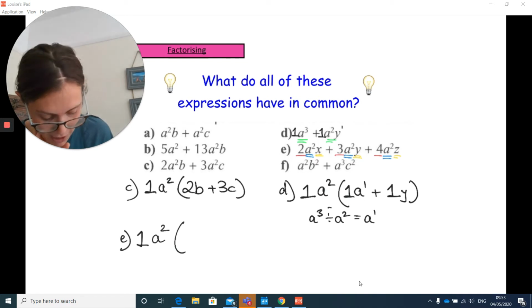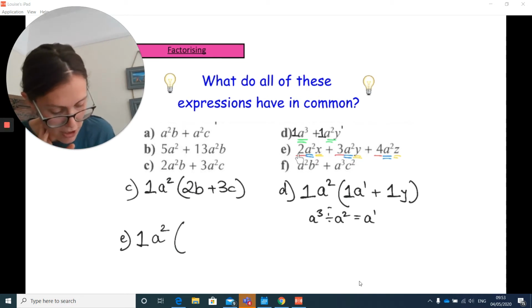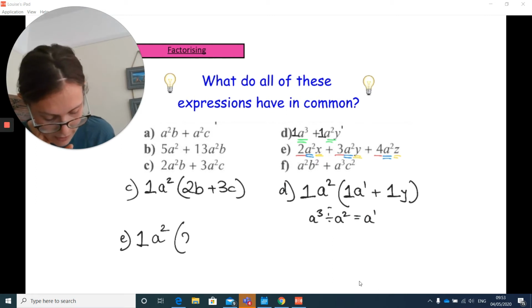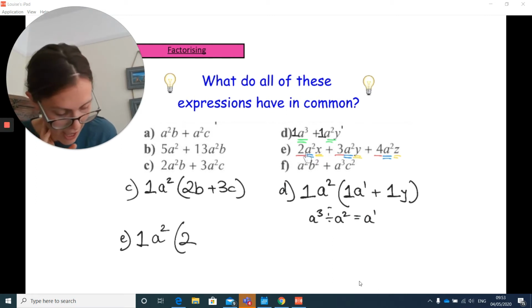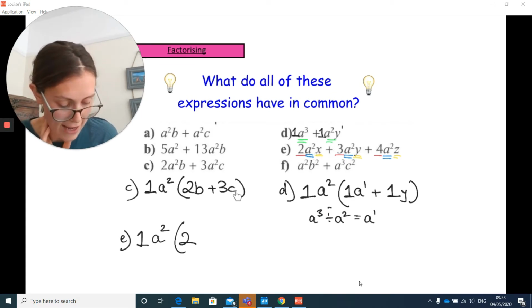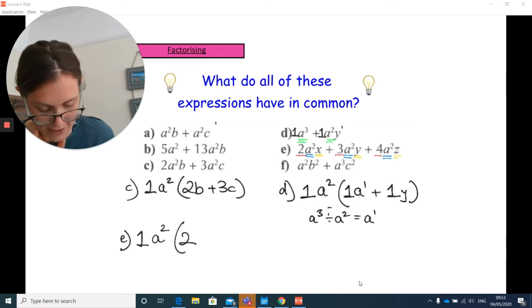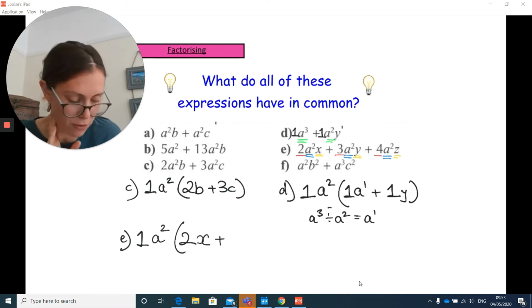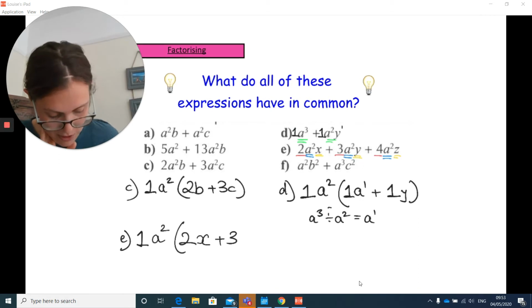And then when you go inside the bracket, it's time to start that division. So the first thing you do, 2 divided by 1. 2 divided by 1 is 2. Then you're doing A squared divided by A squared. It's itself, so we don't write it. And X, there's nothing to divide it by, so you put the X in here. So this becomes an X. Exactly the same with the next term. You've got 3 divided by 1, which is positive 3.